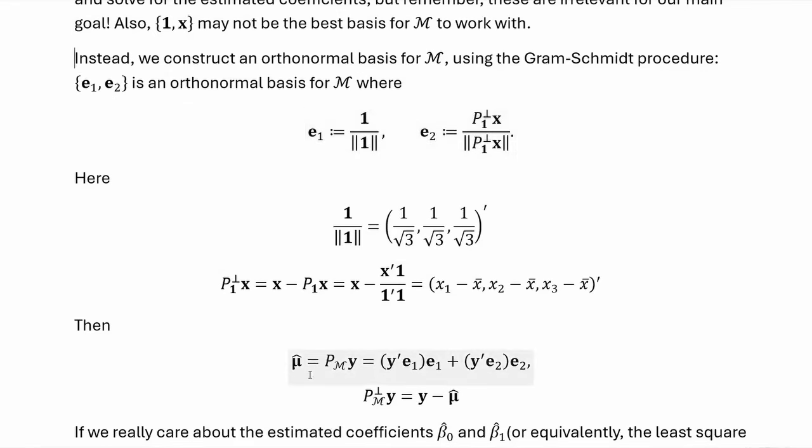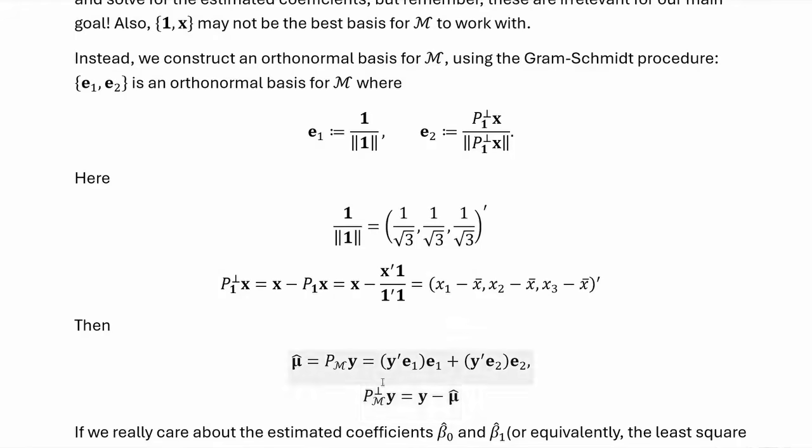So mu hat, which is the projection of y onto M, can now be written in an orthonormal expansion, which is much nicer. The orthonormal expansion relative to E1 and E2 is y'E1 times E1 plus y'E2 times E2. And the perpendicular of y onto M is y minus mu hat. That's the residual vector.